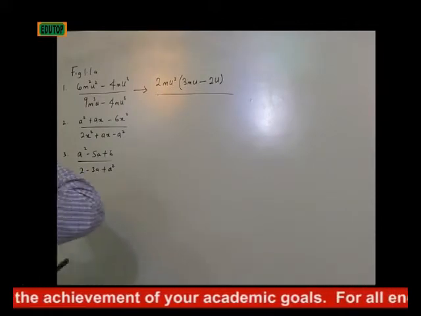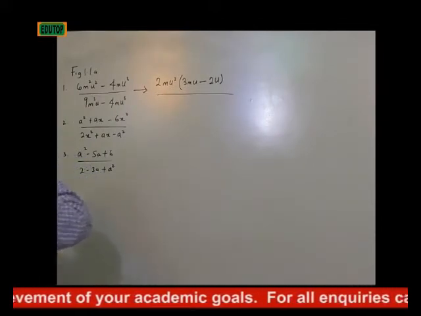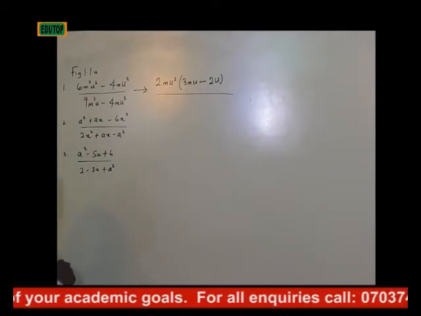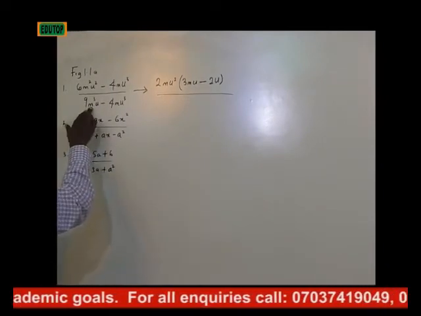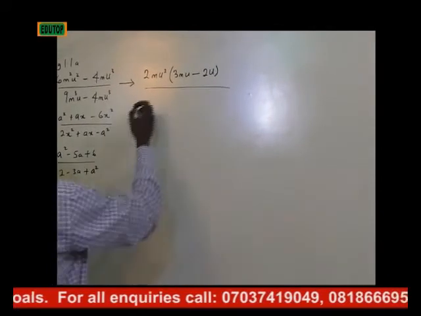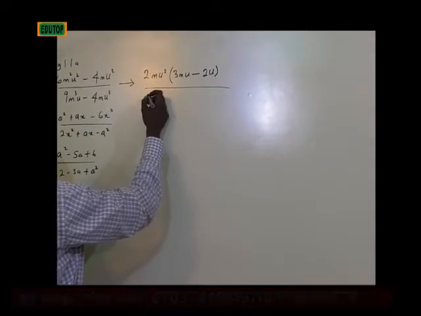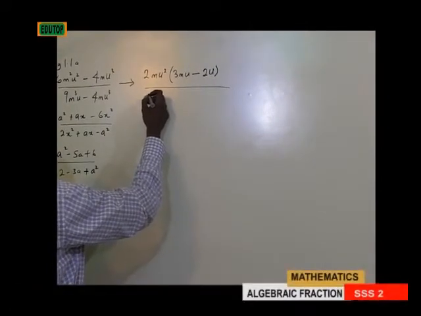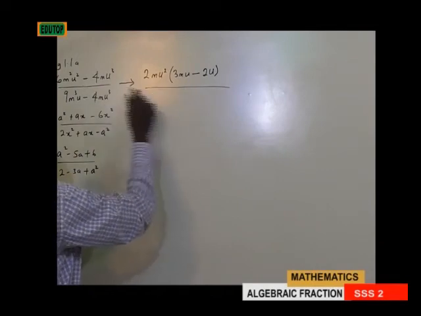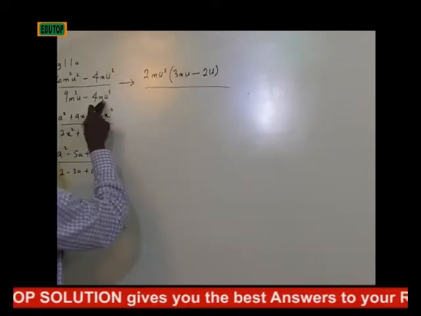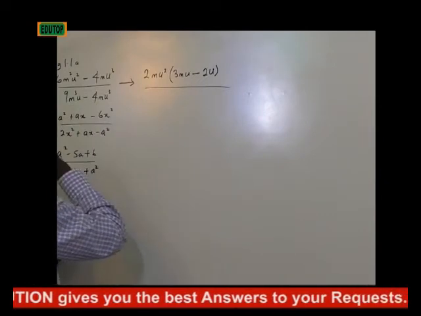In the denominator case, I realize that I have this. I can break this to, let's say, m is common, then u is also common.